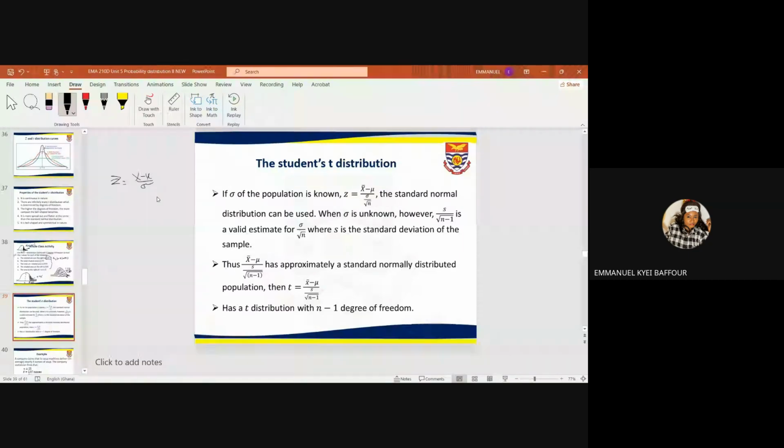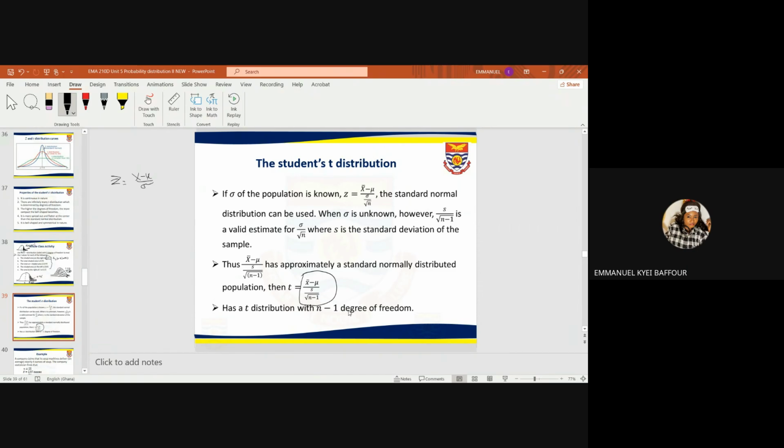But if they are not known, and the sample size is less than 30, then we go by the T distribution. We calculate T as X bar minus mu divided by s over square root of n minus 1.